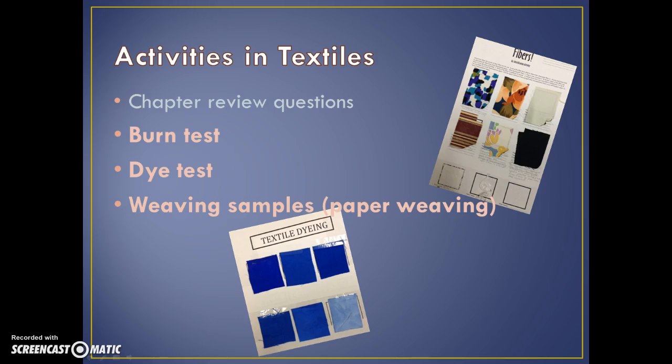Be sure you read through the burn chart. It's telling you things you're looking for. How does the flame react? How does the fabric react when it gets close to the flame? Or does the fabric have to go all the way into the flame to have a reaction? What color is the flame? Does it sputter and spit? Does it flare up? Back to the color. Is it yellow, white? Is it blue?